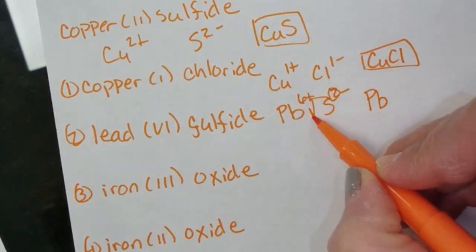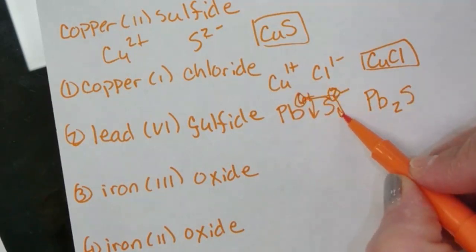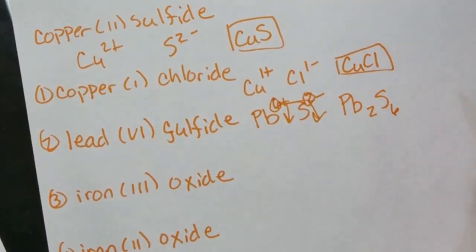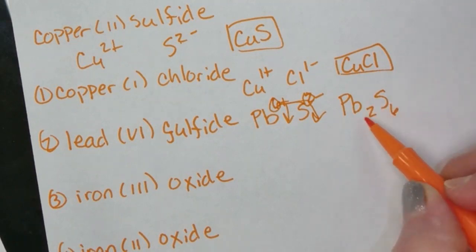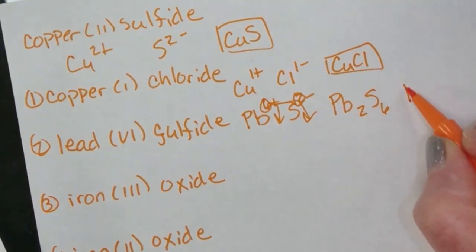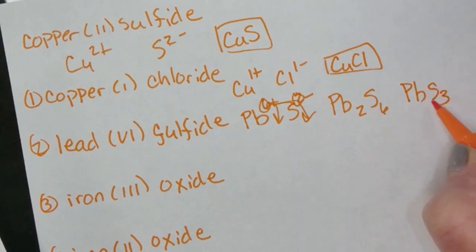The 2 swaps over and down. The 6 swaps over and down behind the sulfur. And then we have to reduce, because these are formula units, the lowest ratio of atoms possible. So my common denominator between these is a 2. So 2 divided by 2 is 1, and 6 divided by 2 is 3, PbS3.